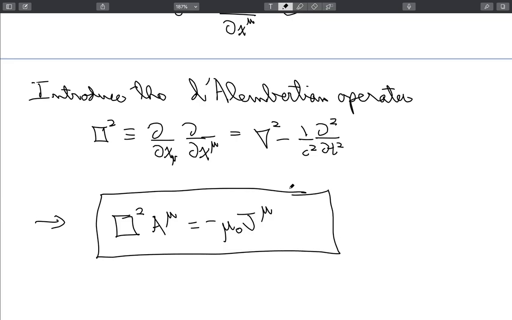This is the whole of relativistic electrodynamics condensed into, if you want, the most compact, the most aesthetically pleasing formulation that we have. So that's all there is to classical electrodynamics. This is the most beautiful form for Maxwell's equations.